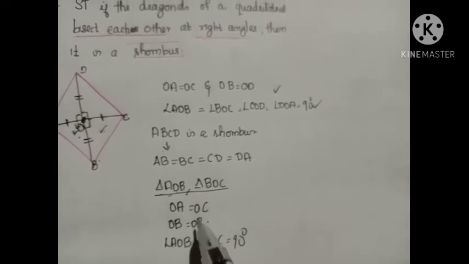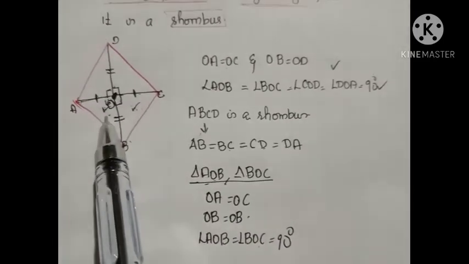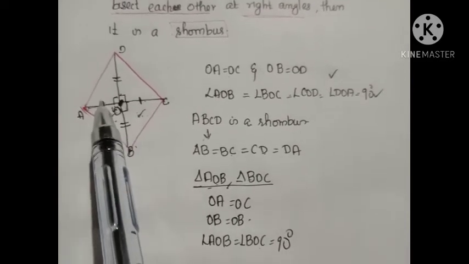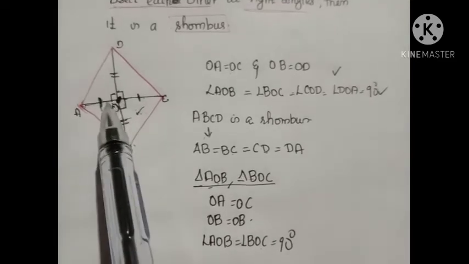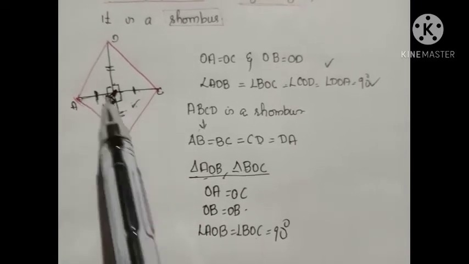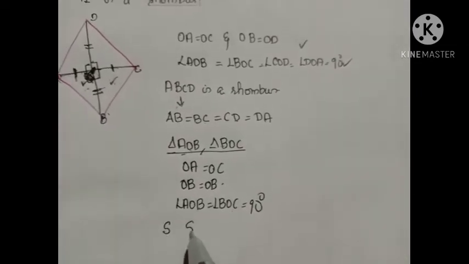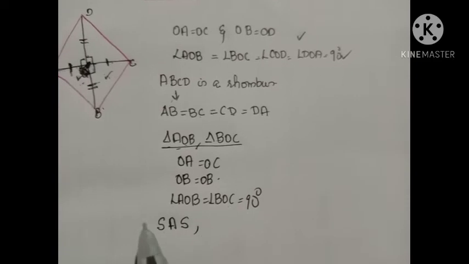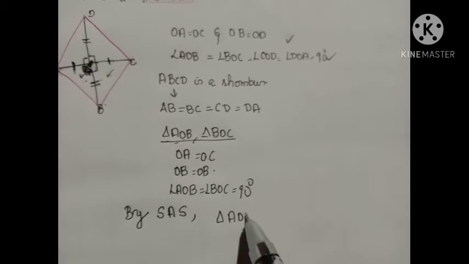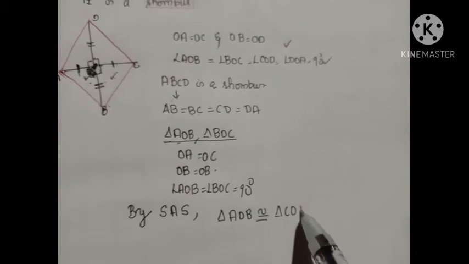So we have two sides and the included angle, which lies between these two sides. So what is the theorem? Congruence rule, two sides and included angle, SAS. Therefore, by SAS congruence rule, triangle AOB is congruent to triangle COB.